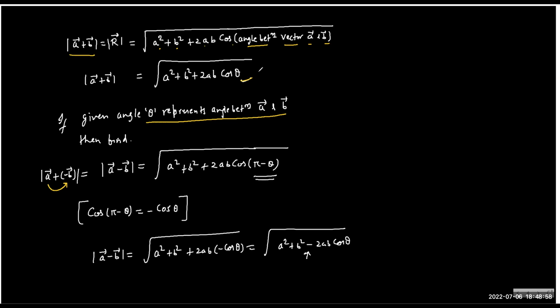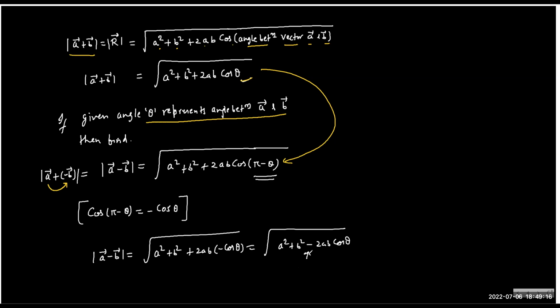So I use the first formula, and instead of theta, I substituted pi minus theta. If you give me the angle alpha, I will substitute alpha here. That's it. Correct?